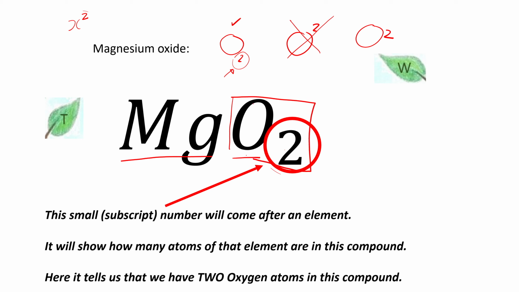So that little 2 only applies to the O. So that means I've got 1 magnesium atom, because really this would have a little 1 next to it, but we don't write 1s because it's a waste of effort. Just for example, in maths, if you do x equals 5, you don't write 1 times x equals 5, you just write x. It's the same here. So we've got 1 magnesium atom and we've got 2 oxygen atoms.